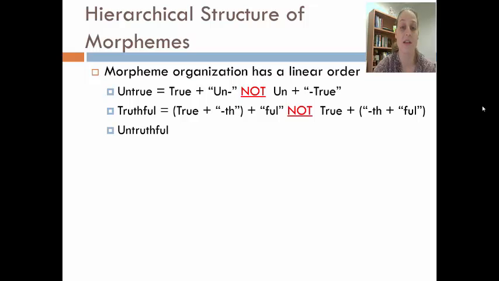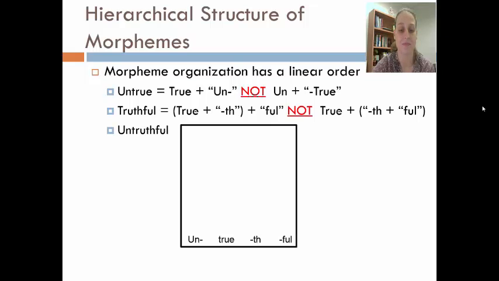So let's look at the word untruthful and see how the morphemes add on to make up that word. So where do we start? You should know that we start at true because that's the root morpheme, and this represents an adjective. What happens when we add th to true? We get a noun.